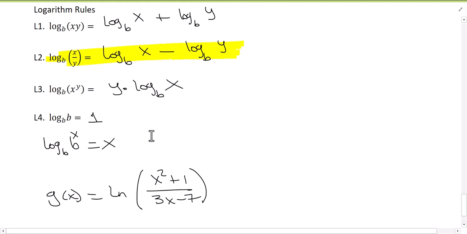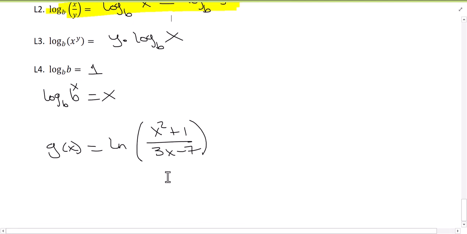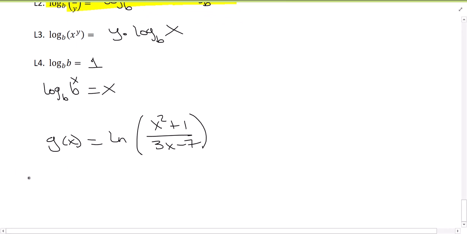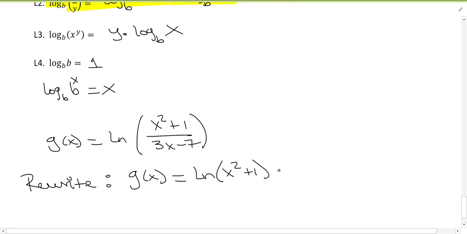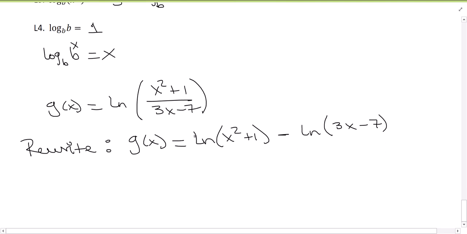So we're going to then rewrite it as the natural log of the numerator minus the natural log of the denominator. So rewriting g of x, notice that I am not taking the derivative. I'm just rewriting using properties of logarithms. So this becomes the natural log of the numerator minus the natural log of the denominator. And now can I do anything else? No. So now I take the derivative.